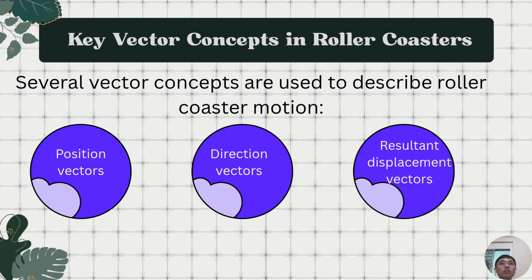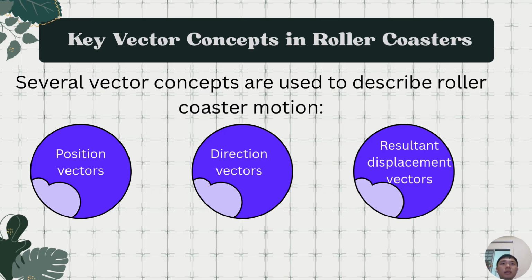The third concept is resultant displacement vectors. When the coaster moves through multiple sections of track, these individual movements can be combined into one overall vector, and this resultant vector shows the total displacement from the starting point to the ending point.